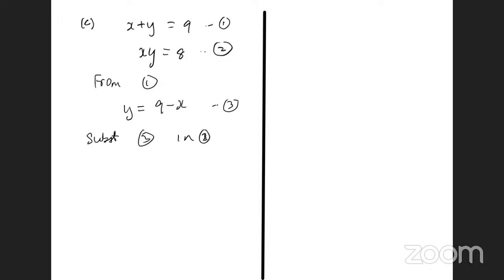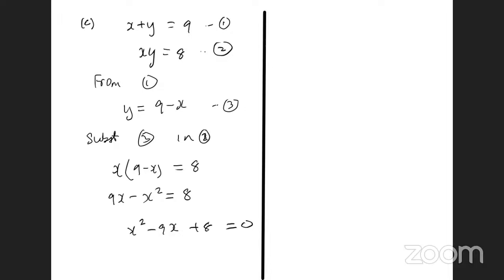Everybody okay with that? Up until there? So we'll end up with x times 9 minus x is equal to 8. Okay? I made y the subject and I substituted y in equation 2. So I'll get 9x minus x squared is equal to 8. Carry everything on the right side, and you'll get x squared minus 9x plus 8 is 0.